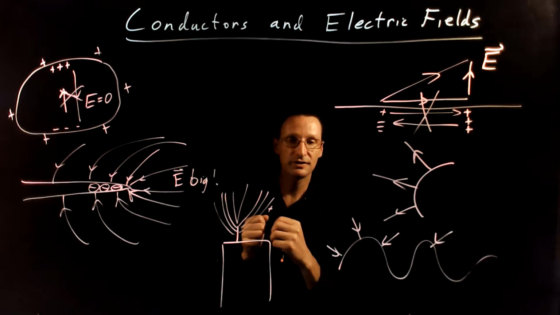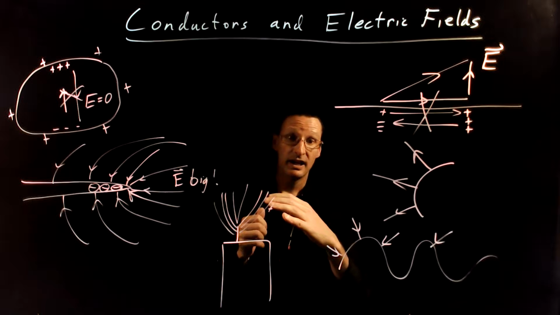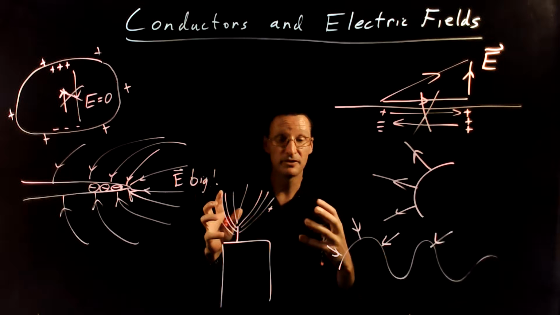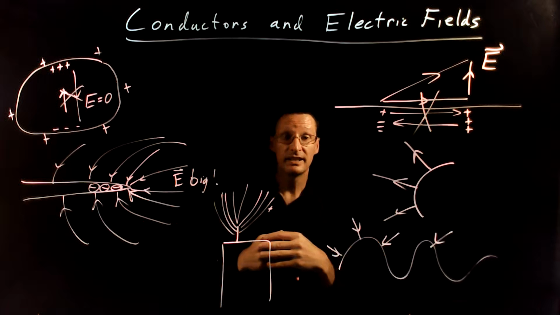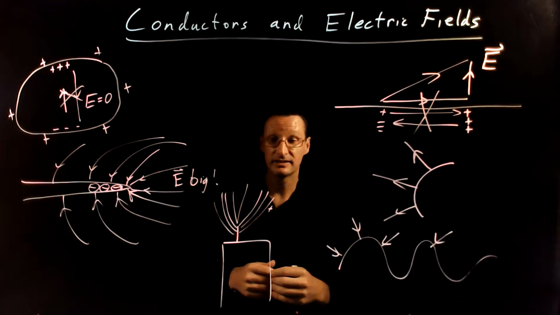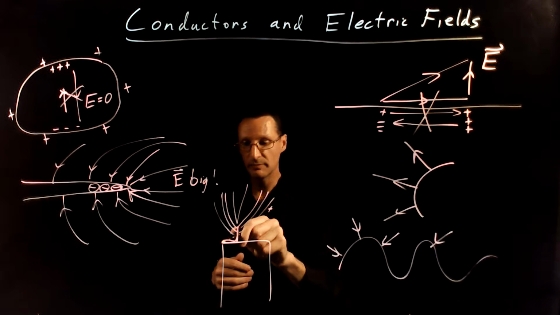It'll bleed enough charge off so that the clouds don't have this huge buildup of charge that could cause lightning. And so if enough houses have this, it can actually prevent lightning strikes in a city or something like that. But if lightning does strike, then hopefully it will come down here.